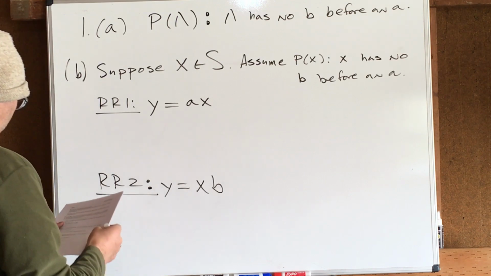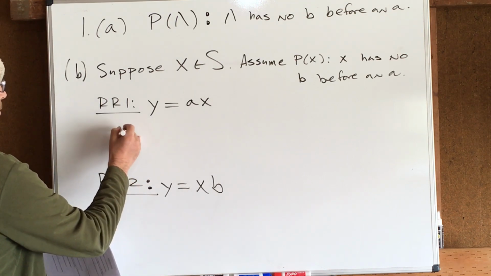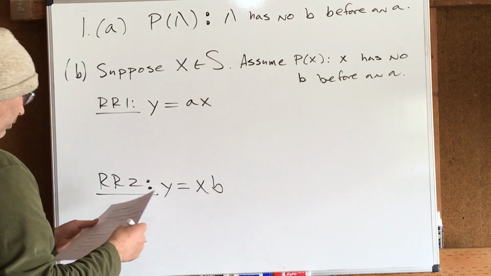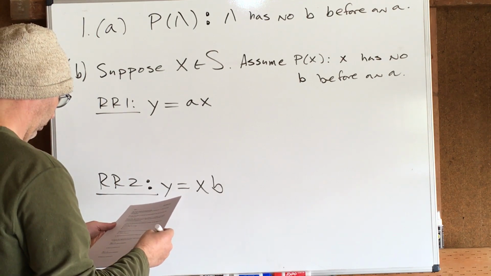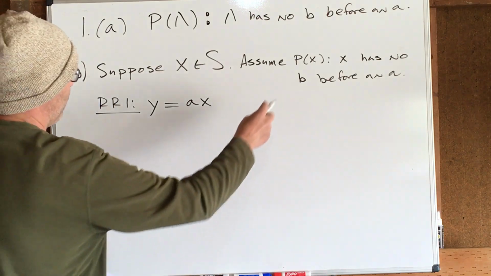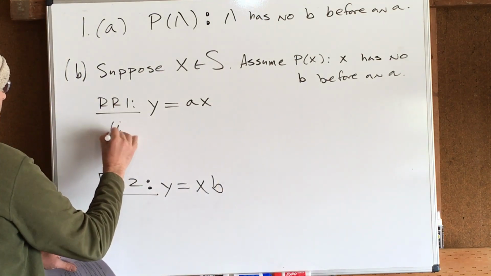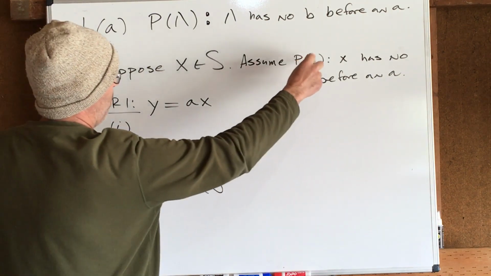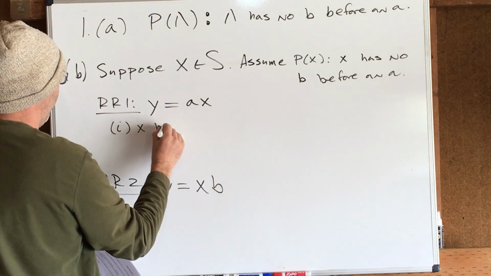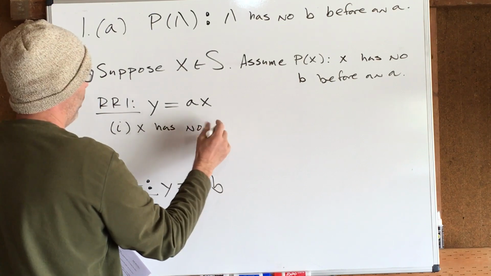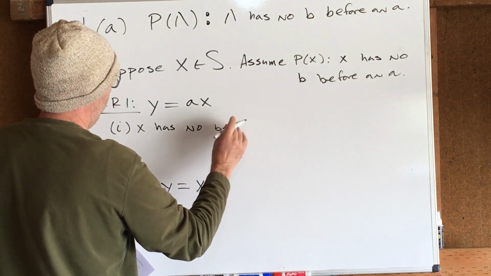The inductive assumption in both of these is P of X is true: X has no B before an A.